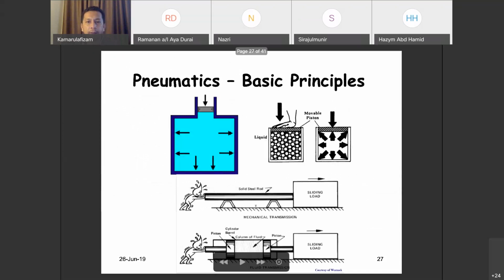Apa yang kita tengok macam yang paling basic tadi itulah, dia sama juga dia punya force. Okay, so kalau tengok dekat yang kartun kat bawah ni, solid steel rod, you apply pressure on this side, you will observe the effect on the other side. Okay, the same thing boleh buat juga menggunakan hydraulic, pneumatic, sama juga macam hydraulic.